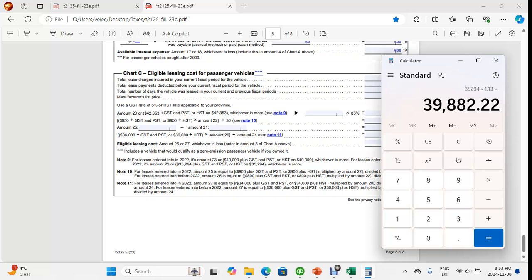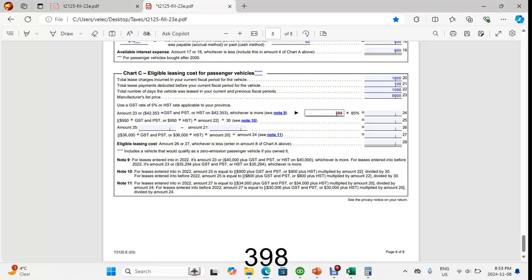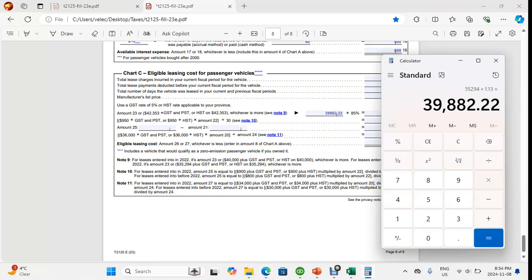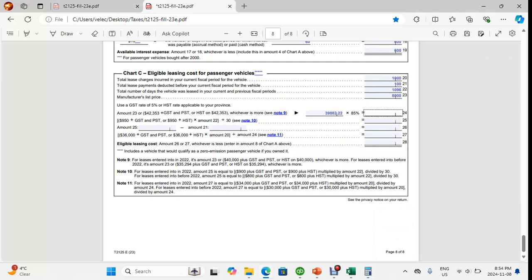So this is what you will type over here, $39,882, and this will be 22 cents. Now apart from that, when you multiply it by 85%, this will be $33,899.89.